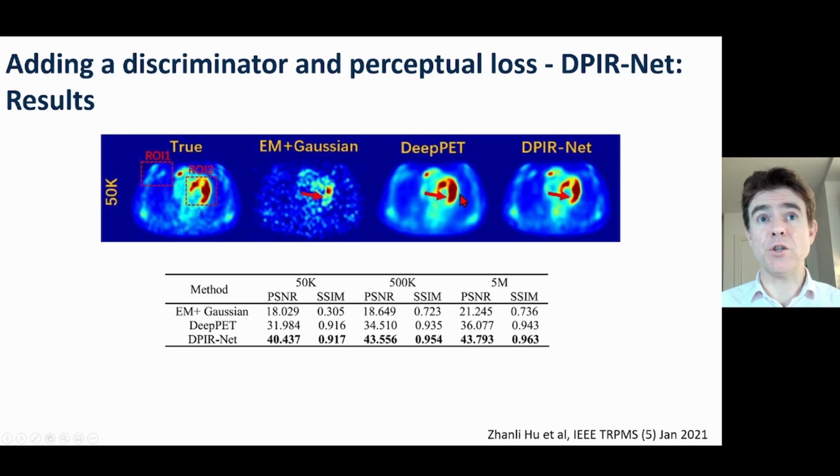You can see they go from the DeepPET result here, this is the ground truth here, there's the EM reconstruction. They go from that result there and they get some measure of improvement. If you compare to the ground truth, this network with perceptual loss and a discriminator does do better, and the metrics for structural similarity and signal-to-noise ratio bear that out as well.